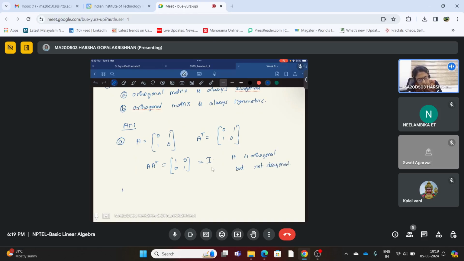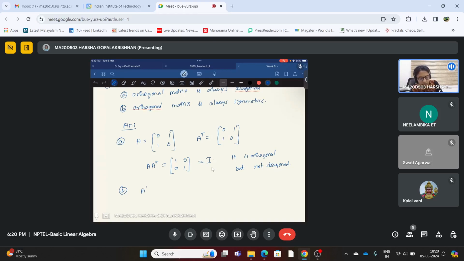Now the next question is, is any orthogonal matrix symmetric or not? In the above example, what we got is non-diagonal but it is a symmetric matrix. Now can you find an asymmetric matrix, meaning not a symmetric matrix?